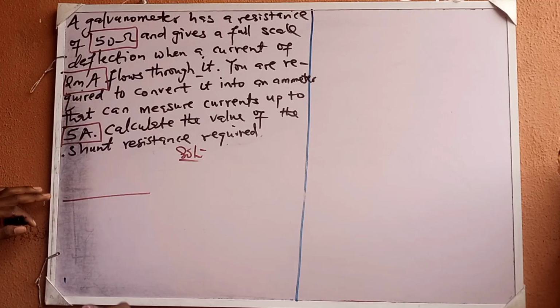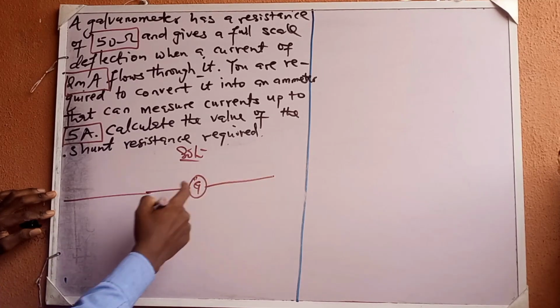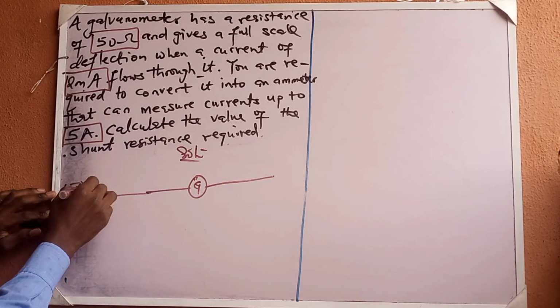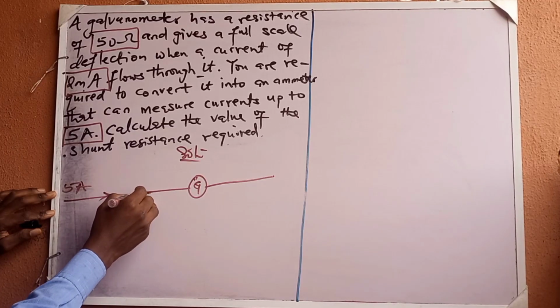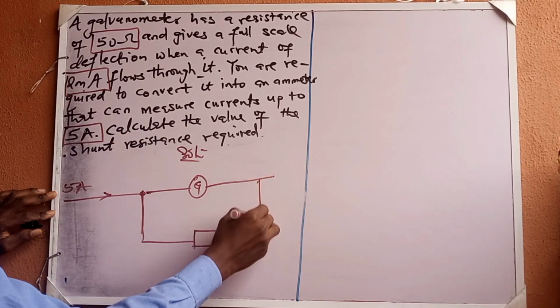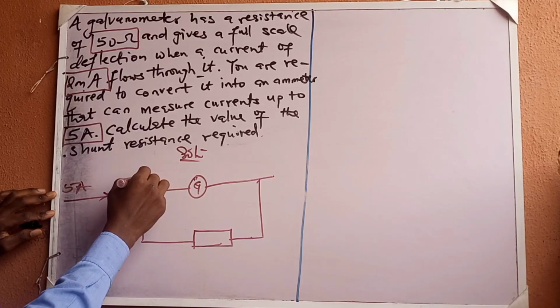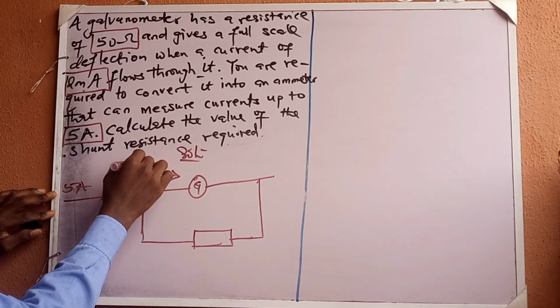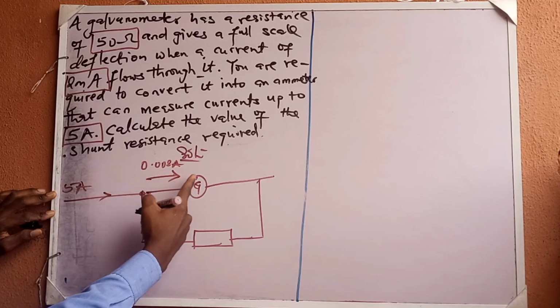So this is the approach. We are going to connect the galvanometer this way. When this 5 ampere that we want to measure gets here, we provide an alternative pathway for it in this fashion, so that the 2 milliamps goes to the galvanometer. So 0.002 ampere goes to the galvanometer, which is what it can withstand.